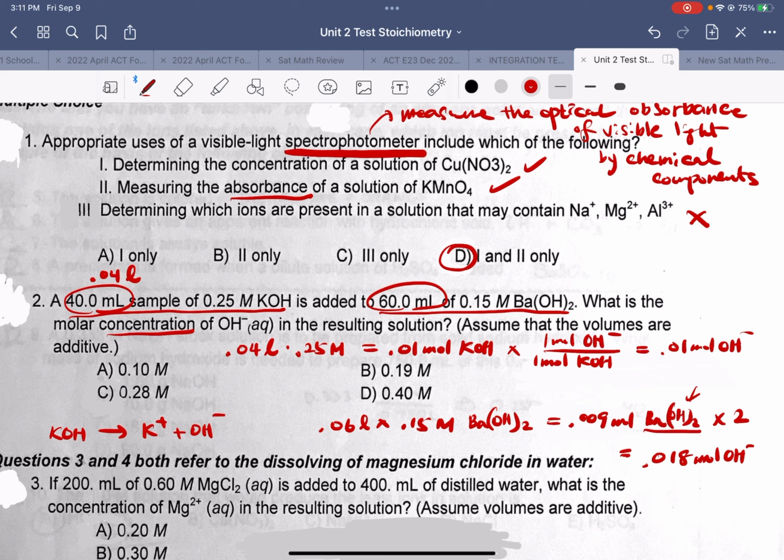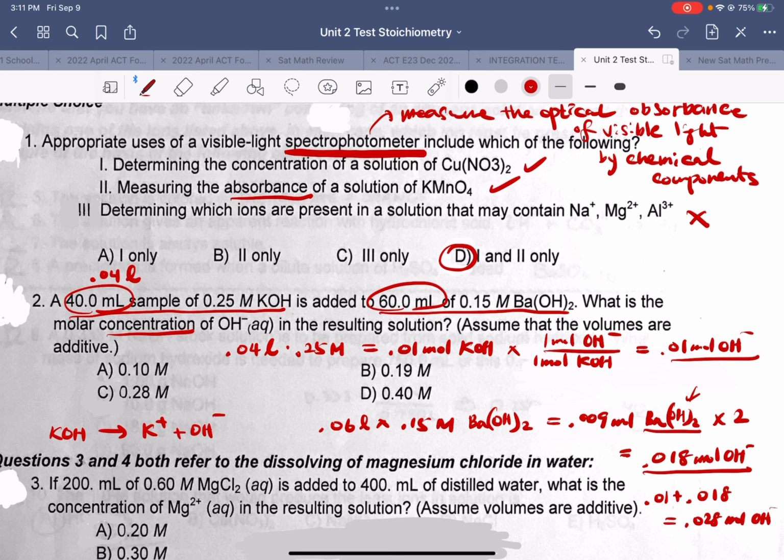Now when you add up, this one plus this one, because you mix them together, 0.01 plus 0.018 is 0.028 mole of OH minus.